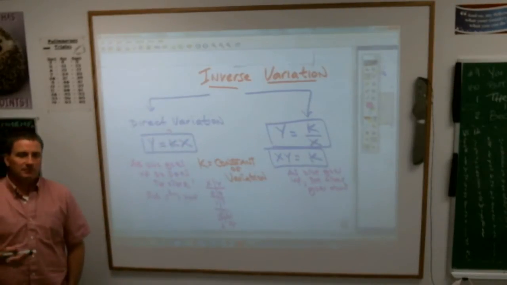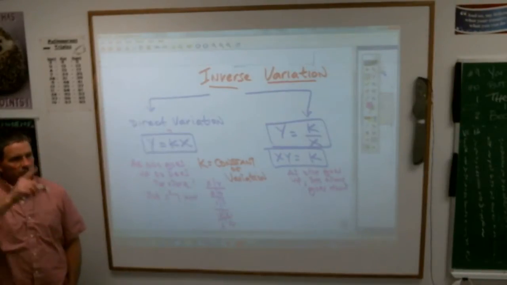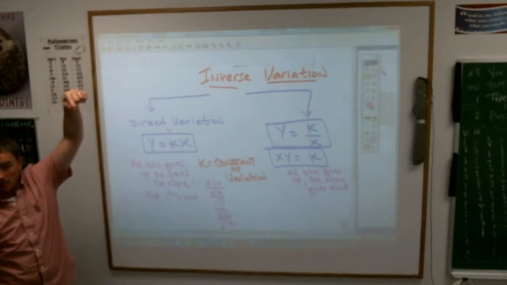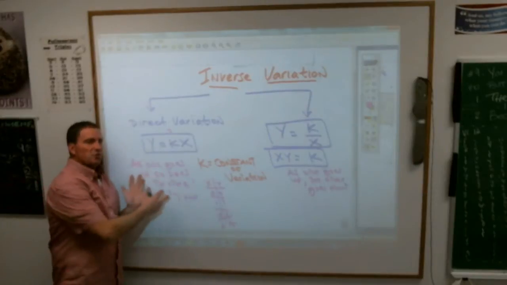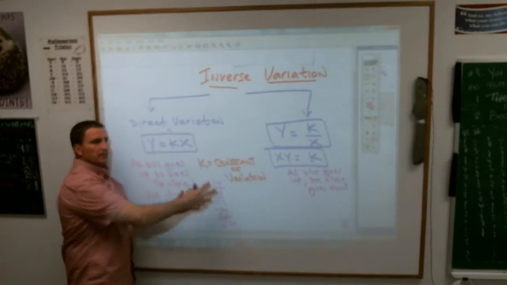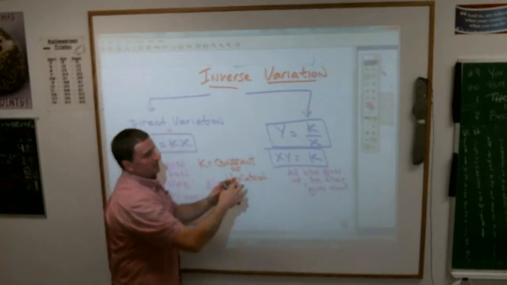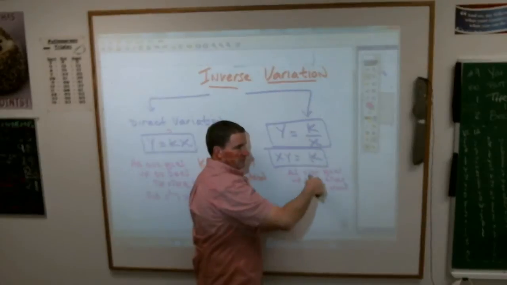The amount of time that you spend goofing around: the more you goof around, the worse your grade. Inverse variation. Direct variation would be the more you study, the better your grade. Study more, grades go up. Inverse variation, goof around more, grades go down.